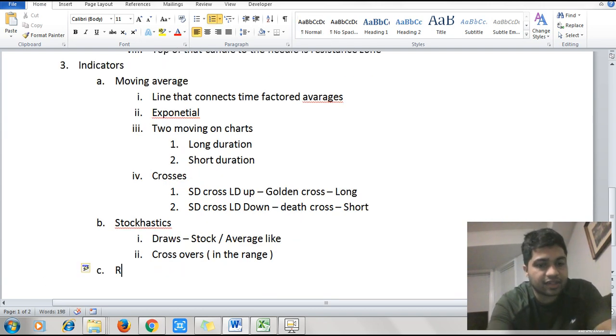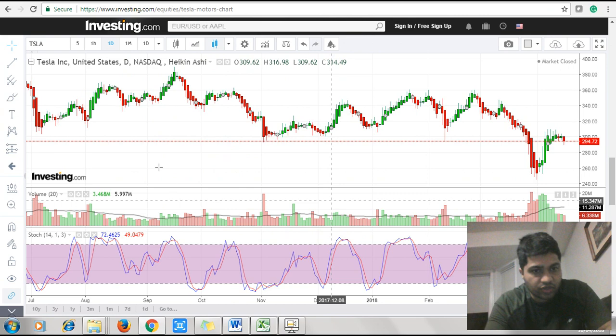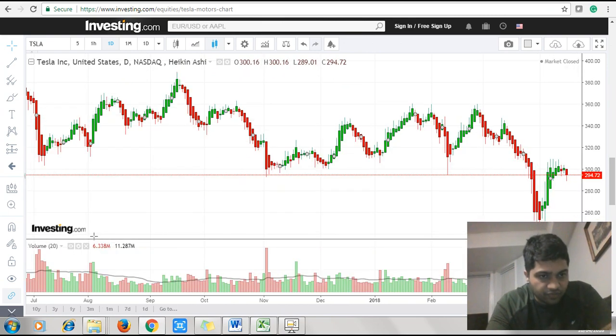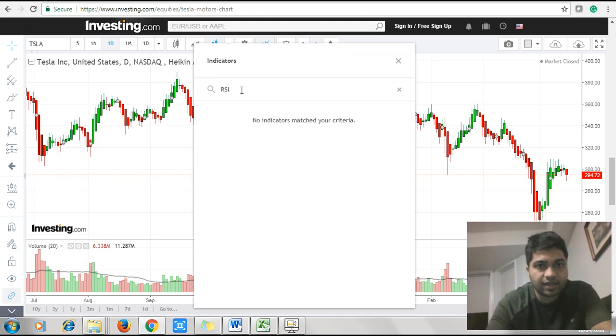The third indicator that you can look at is RSI, relative strength index. It's a ratio of the number of advances the stock had versus the number of declines that the stock had. I'll show it on the graph.